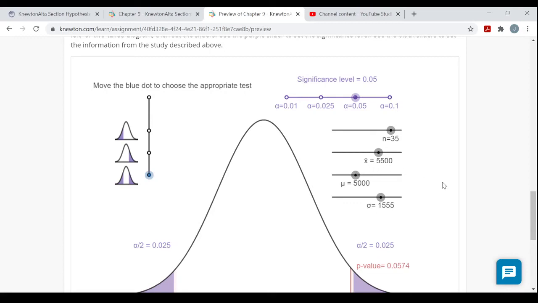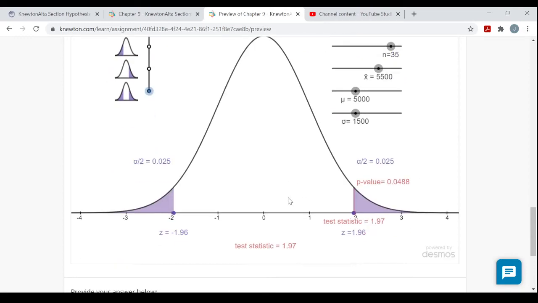There we go. Okay, good. And then sigma, right? We were told that the population standard deviation was $1,500. So move this to $1,500. Too low, too low. There we go.